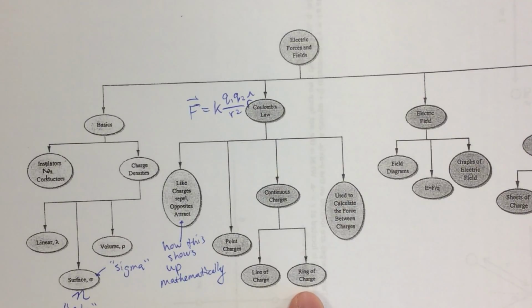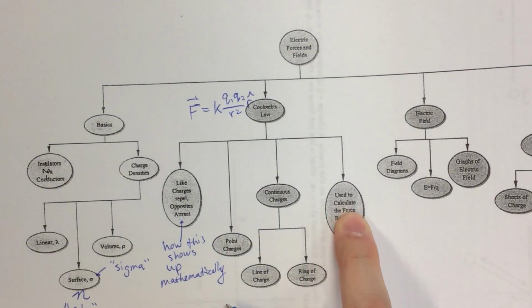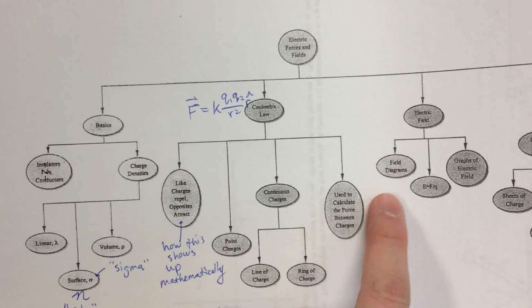The ring of charge is good to know because aside from the line and the ring, there really aren't other shapes that have good symmetry. So look at those ones. Again, those examples are in the book. And then use them to calculate force between charges. I think that's pretty straightforward.